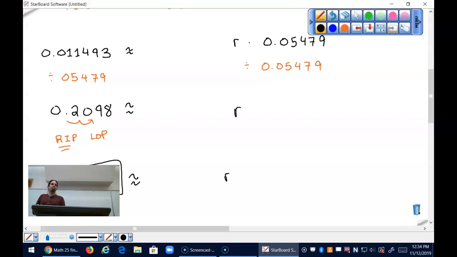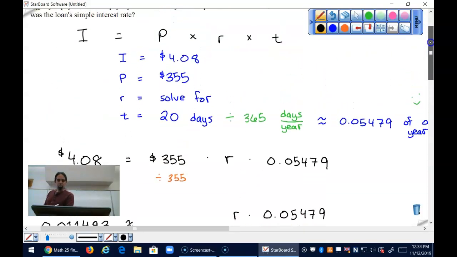Yes? So I got the same thing, but I did a little bit differently. I multiplied the 355 and the 4. That works too. Yes, that works. Let me go back up. So what Tricia did is, when you have these three items multiplied together, it doesn't matter what order you do it.